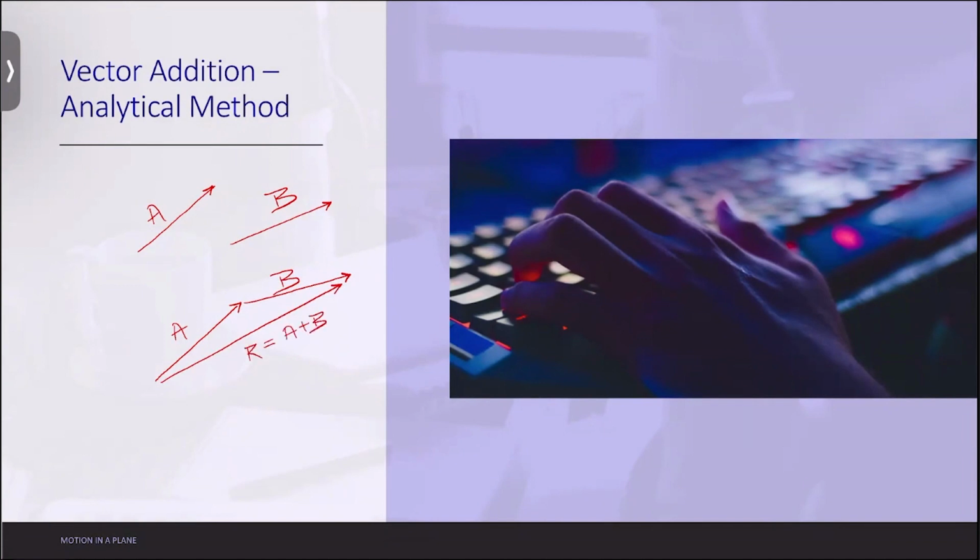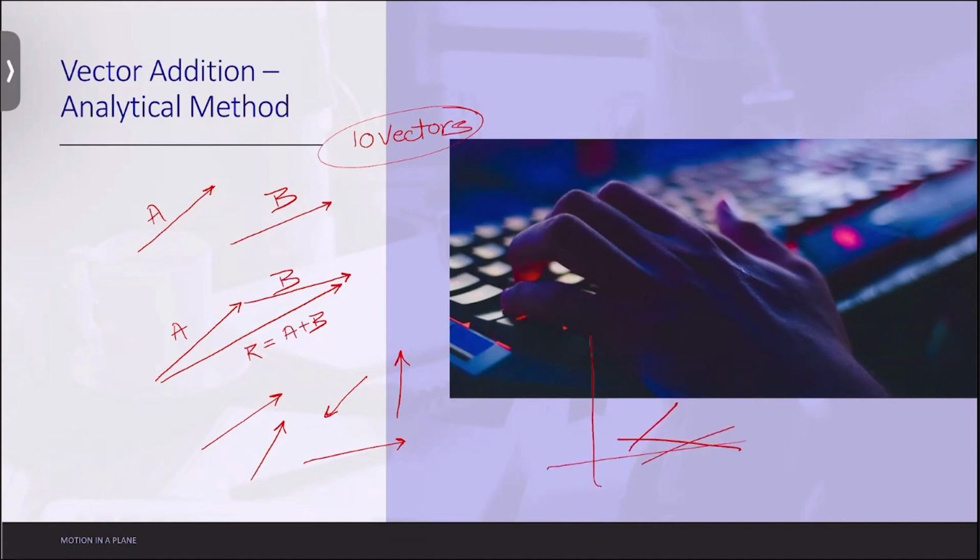But what if I give you 10 different vectors like this, in different directions, something in this, something in this, something in this? You cannot just make a graph and keep on adding everything. It will be cumbersome and it will take time.